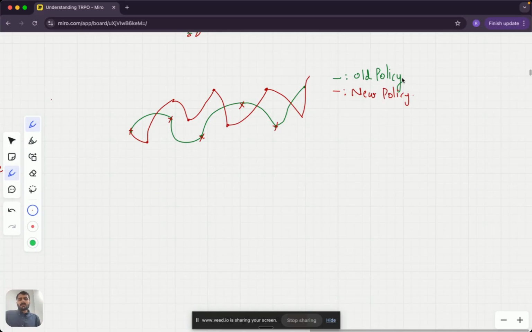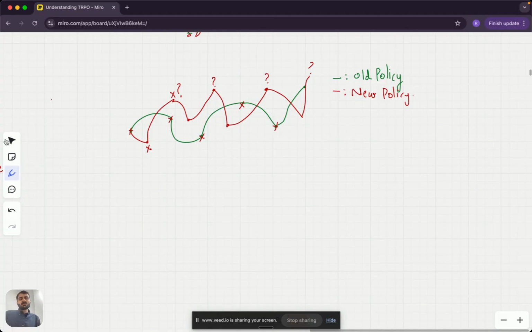When people wrote down this formula for the performance measure of the new policy in terms of the performance measure of the old policy, they thought that if we want to write this as an algorithm, the problem we will face is that we don't know which are the states which my agent is encountering in the new policy. I do not know these states. All I know are these green states which my agent has already encountered in the previous policy.